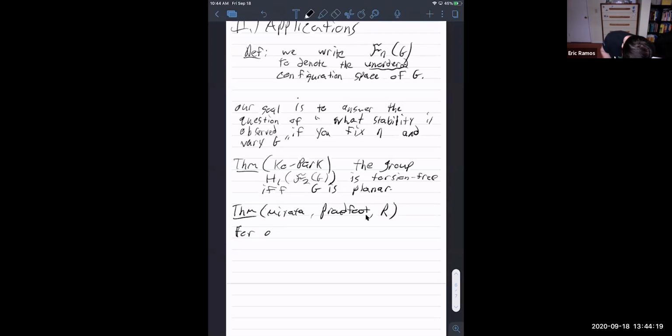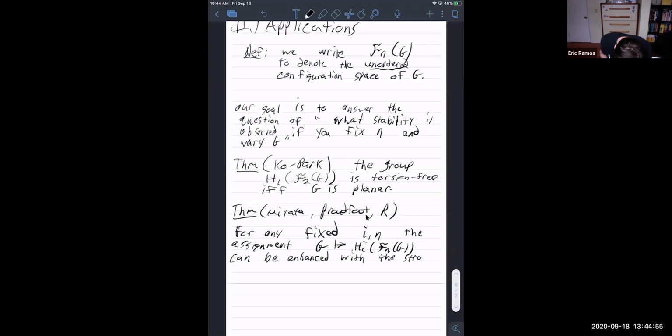For any fixed i and n, the assignment where you send G to the ith homology of Fn of G, right now just assigning a graph to a group, can in fact be enhanced, or equipped with the structure of a finitely generated G-out module.